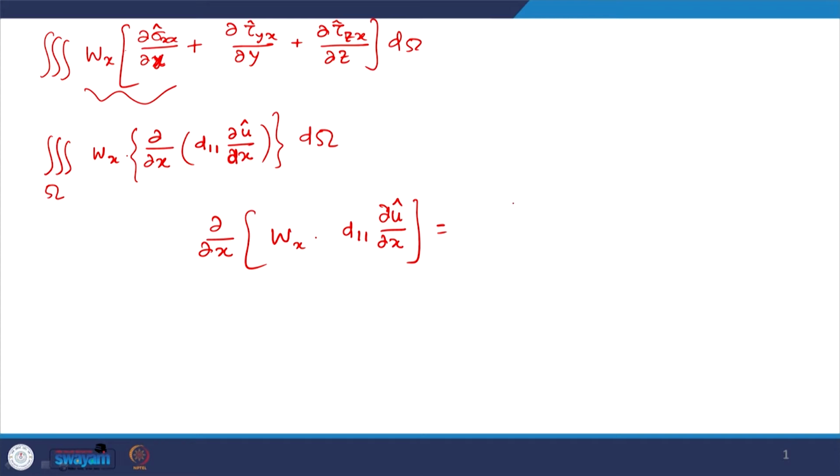I will have del W x by del x multiplied by d 1 1 del u hat by del x plus W x multiplied by del over del x of d 1 1 del u hat by del x. Look at these two terms, these are exactly identical. So, I can replace this term by this.